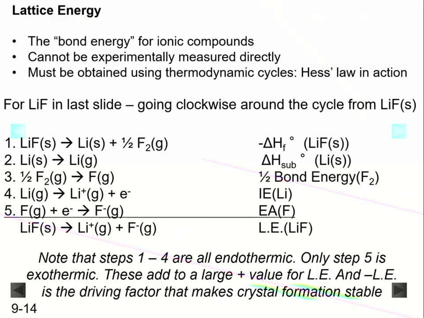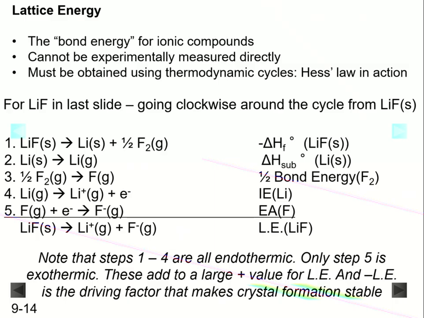In order to determine what lattice energies are for ionic compounds, we have to use thermodynamic cycles. This is one key place where Hess's law is applied. Remember back in chapter 6 when we talked about Hess's law, combining reactions to figure out ones we don't know. So we're going to do this right now.